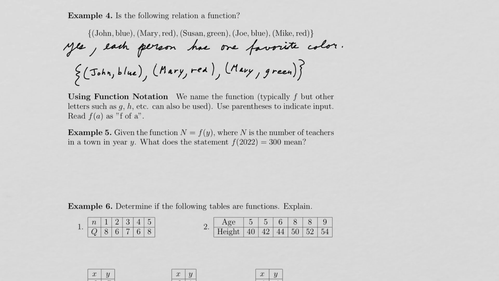So in this case, if the input is Mary, there are two outputs, right? I guess Mary has two favorite colors, red and green. So this would not be a function, right? For each input, you can only have one output. So I'll say this would not be a function.